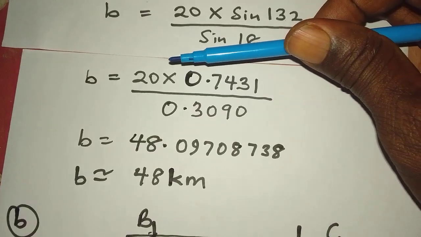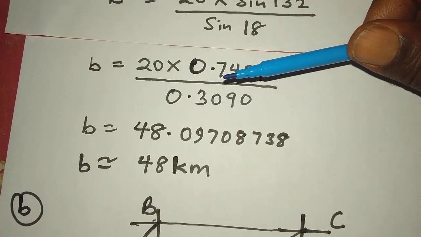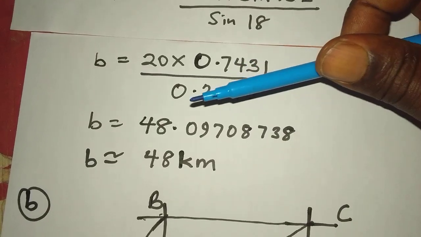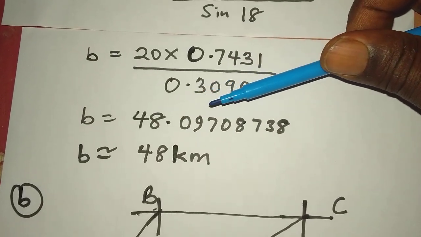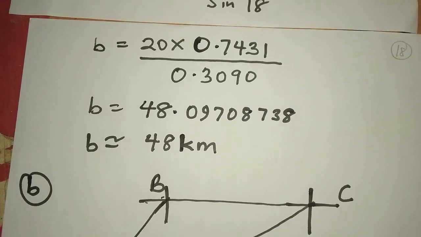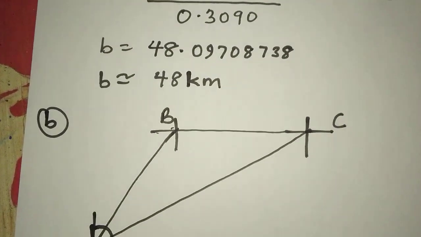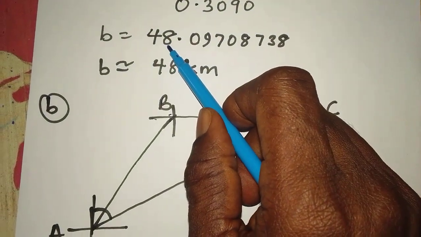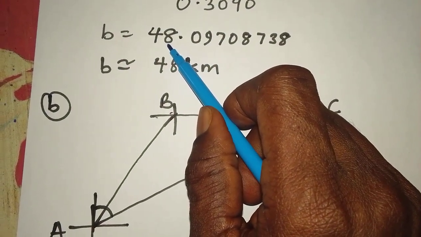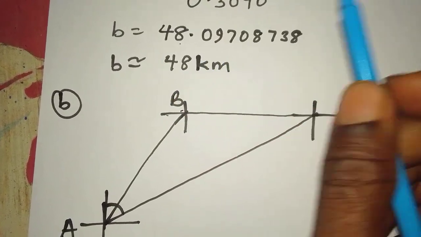So when you compute 20 times 0.7431 divided by 0.3090, you get 48.09708738. So approximately to the nearest whole number, if after this 8 the next number is 0, it's not up to 5, so that means you cut the decimal, you having 48 kilometers.